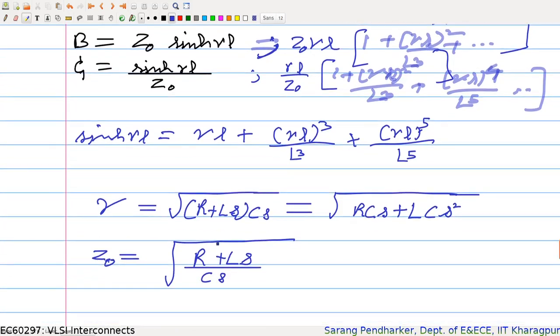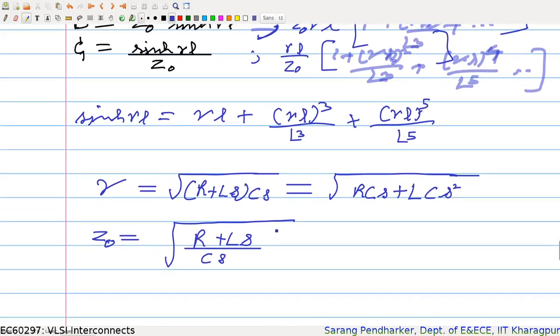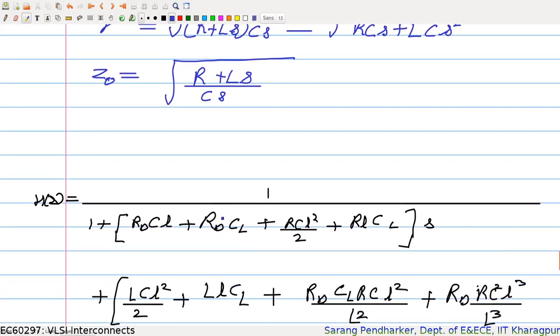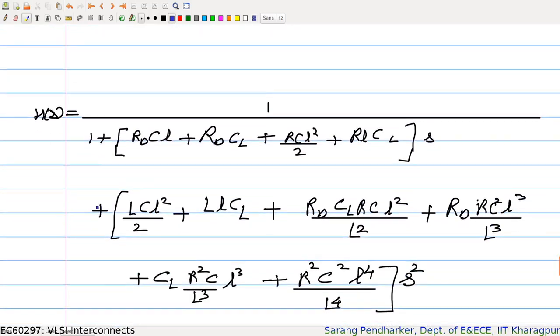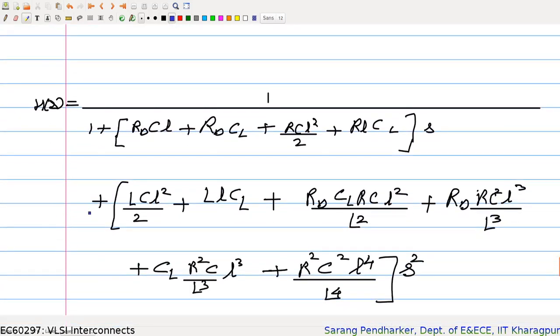You know these expressions, do this substitution, do the simplification, and finally you will get an expression like this. This is a long expression, but recall that the expression was long even with the equivalent Elmore model, when we were considering the driver resistance and load capacitance.